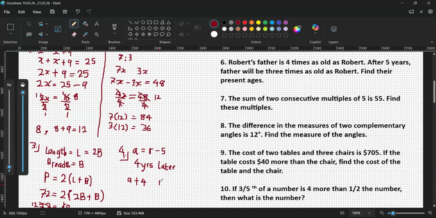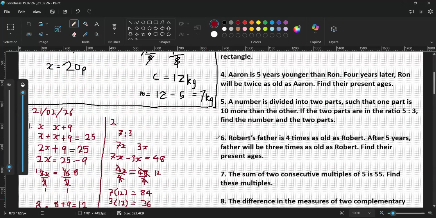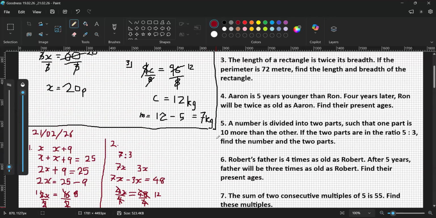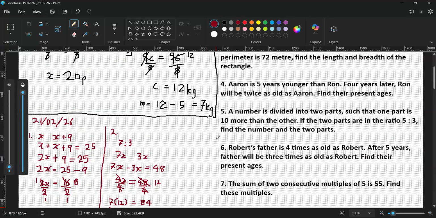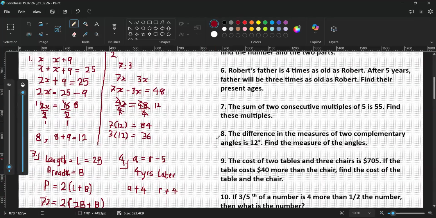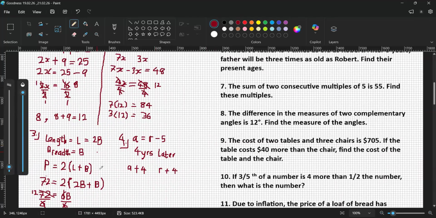Ron's age will be R plus 4, isn't it? Yes, sir. Okay. Now, let us go back to the question and see what they now said. The question says 4 years later, Ron will be twice as old as Aaron. Okay, so now let's go back to this. Don't worry, you'll see what will come out now.